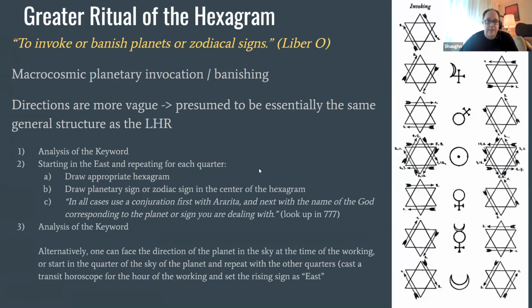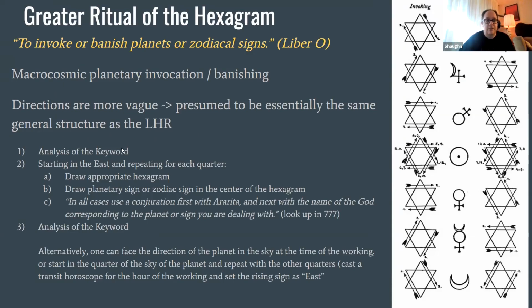Okay, next is the greater ritual of the hexagram. And Liber O says this is to invoke or banish planets or zodiacal signs. And the instructions are pretty vague, but most people presume that it's essentially the same as the general structure of the lesser ritual of the hexagram.